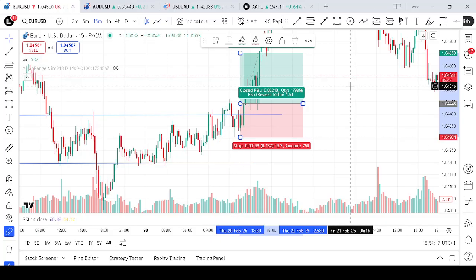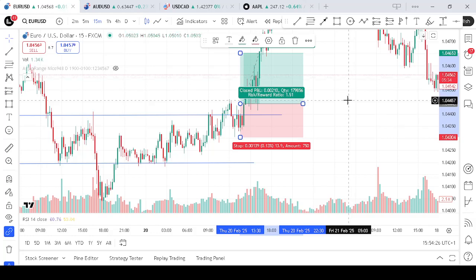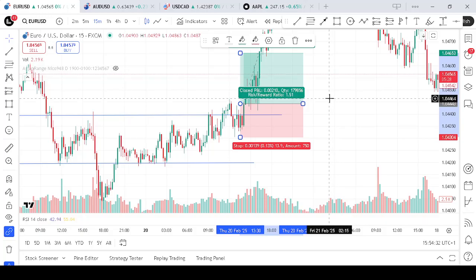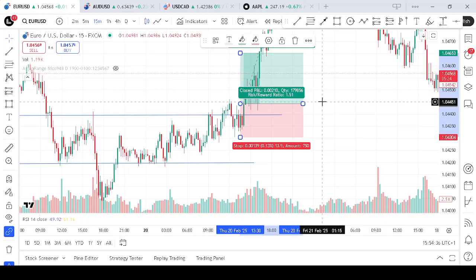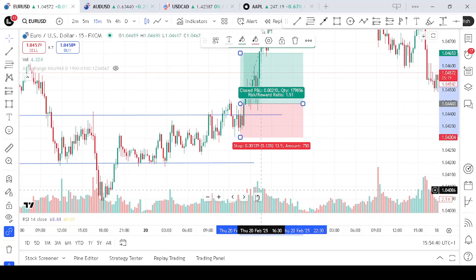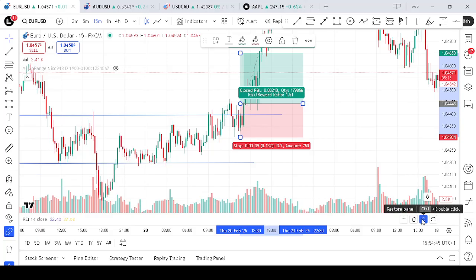Remember, not all breakouts lead to a sustained momentum. That is why it is crucial to use additional confirmation tools such as momentum indicators. The RSI, which is the relative strength index, is a popular momentum indicator. When the RSI reading is above 60, let me include my RSI on this chart.